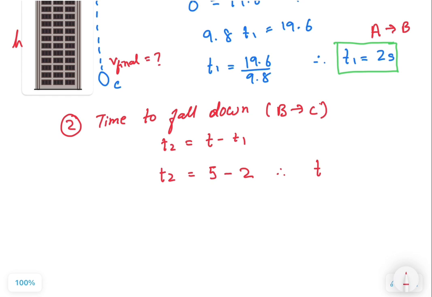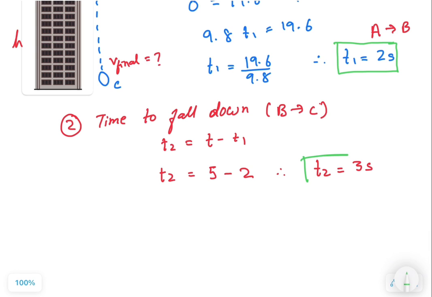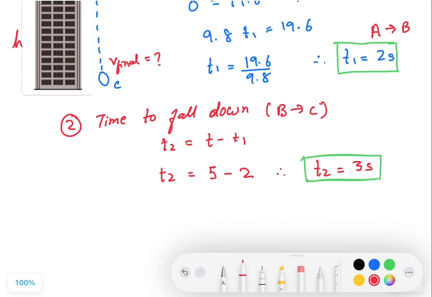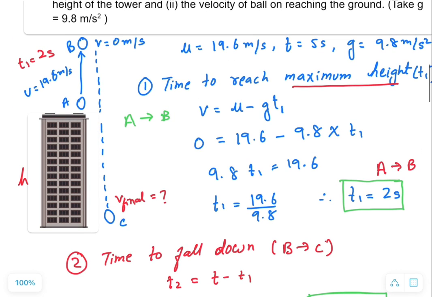So T2 would be 3 seconds. So the time taken by the ball to reach point C from B is T2, and that is 3 seconds.